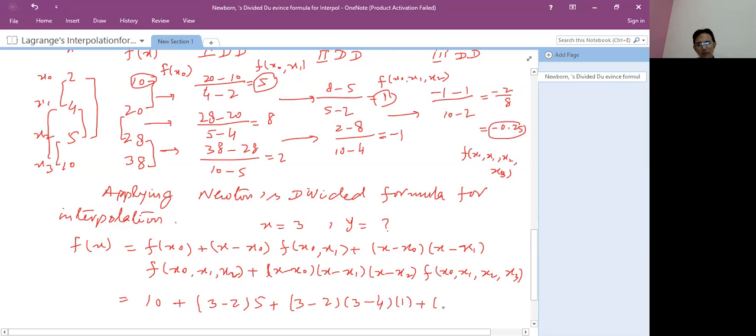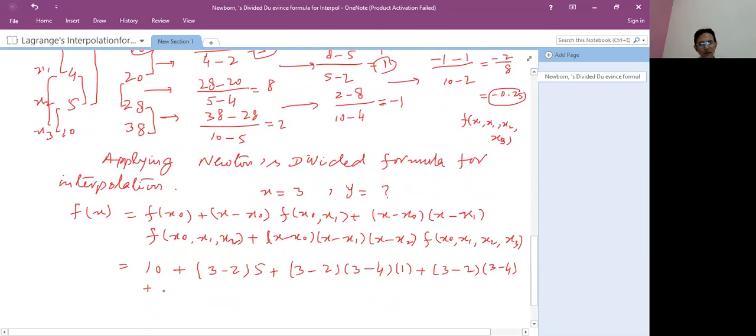Then x minus x naught, it means 3 minus 2, 3 minus 4, plus 3 minus 5, which is minus 0.25.